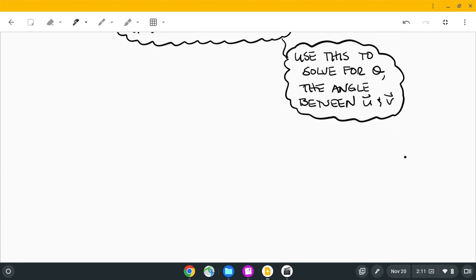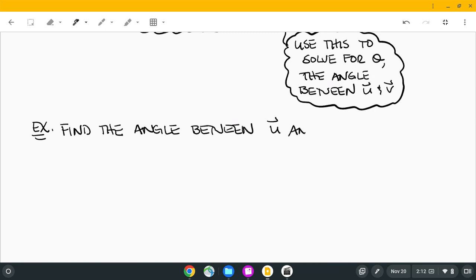So let's take a look at an example here. Find the angle between vector u and vector v. Okay. And we'll do a few.